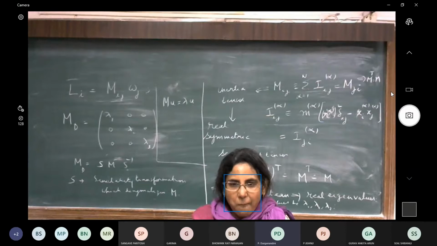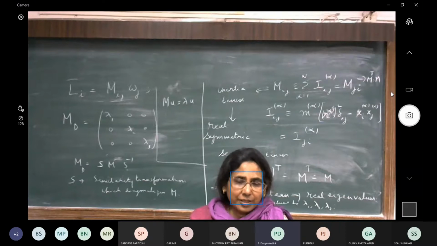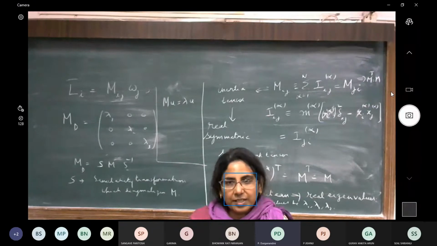Any idea? This is an exercise which you do in matrix algebra, when you studied matrix algebra. So I assume that you must have learned it both in your BSc class as well as in your first semester.